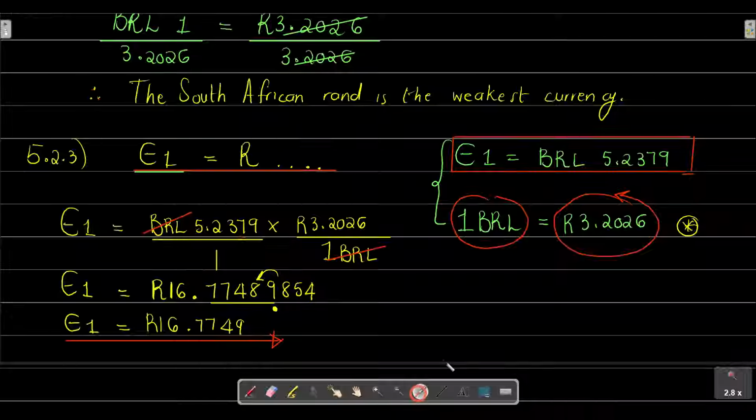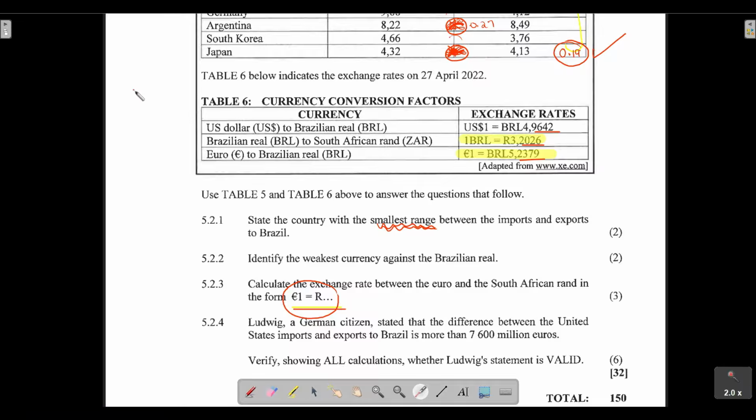Just going to repeat what we did here. We already know that they want us to determine the exchange rate from euros to rands. So what's going to help us is that we need to look at the exchange rate table and focus on the two exchange rate formulas that talk about a euro and about a rand.